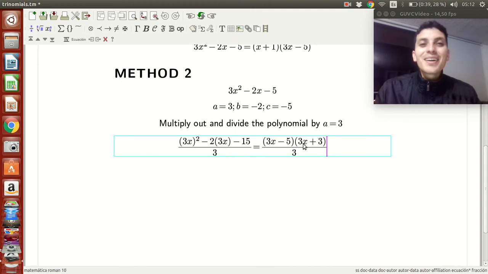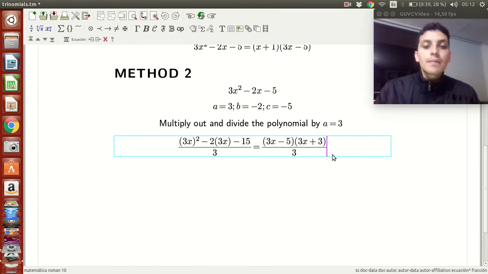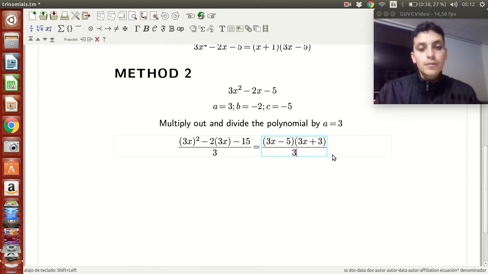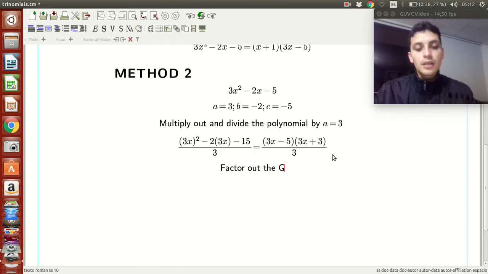Notice that each binomial that we factor could have a GCF, so you can factor out the GCF from each binomial and simplify the fraction.